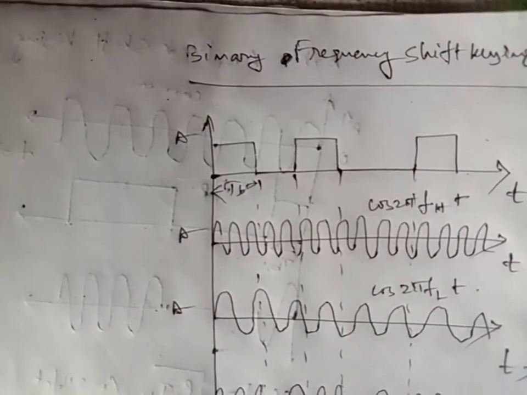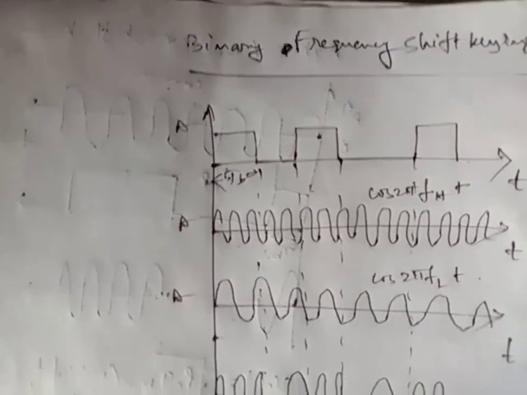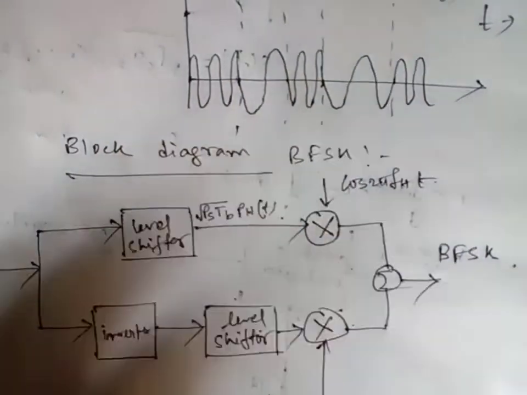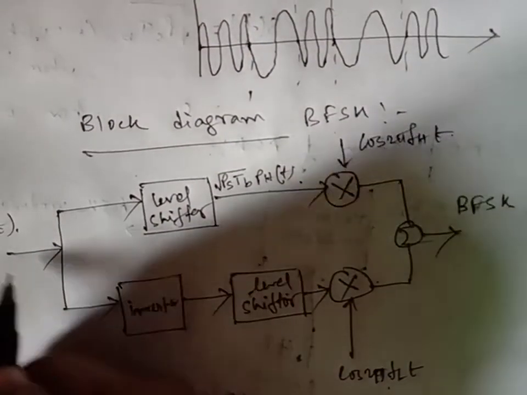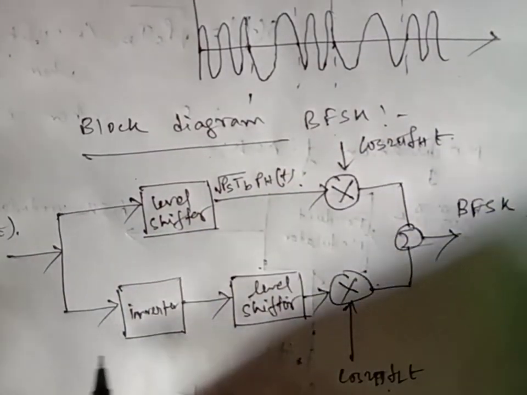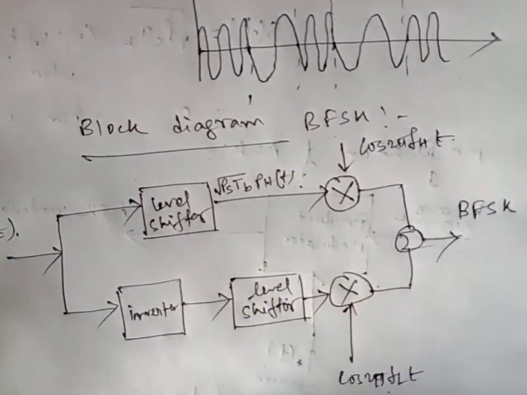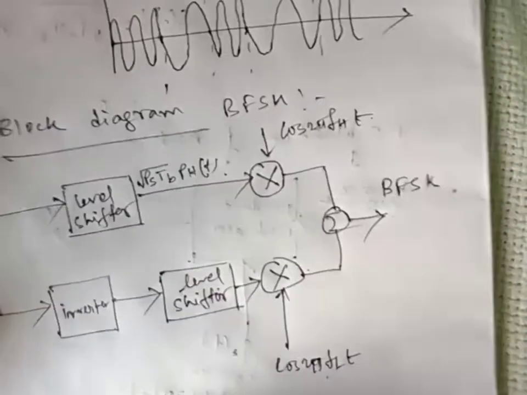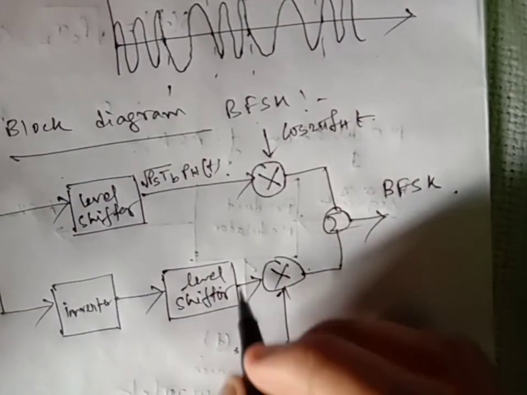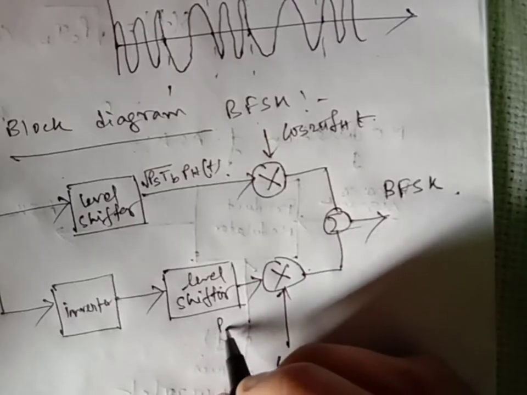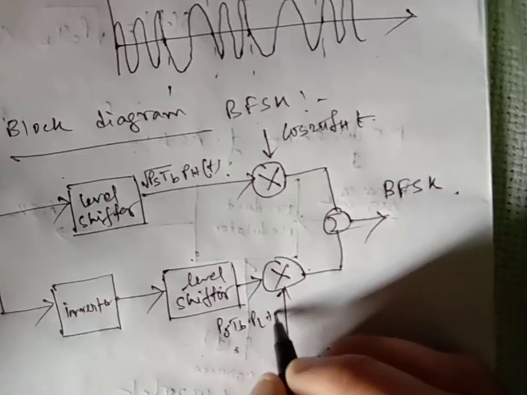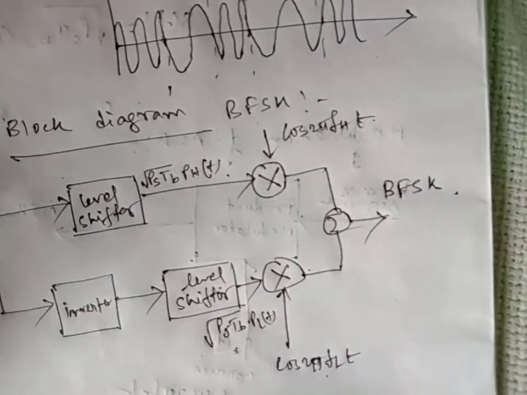If it is 1, then it will be root P_S T_B into phi_h(t), and if it is 0, then the output will be 0. Here b(t) is transformed after an inverter, so if it is 1, here it will be 0. Okay, and here also after the level shifter the output will be root P_S T_B into phi_l(t).